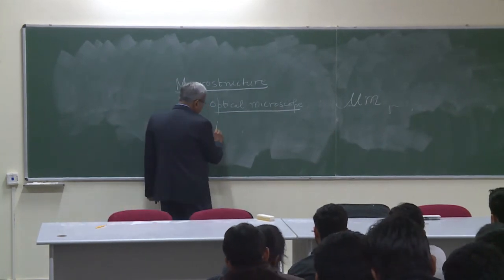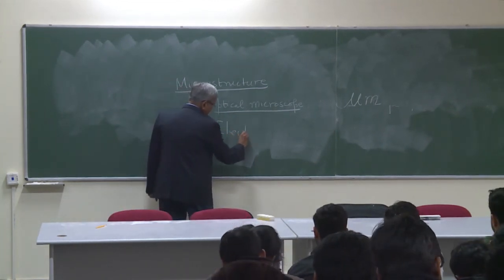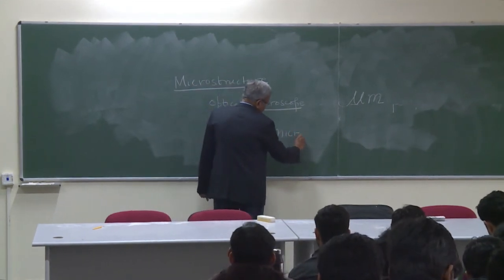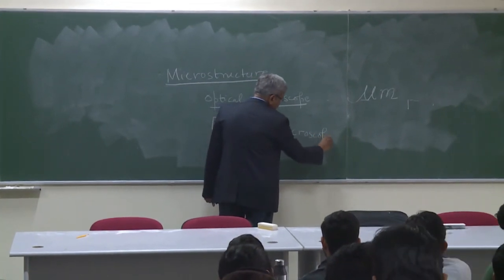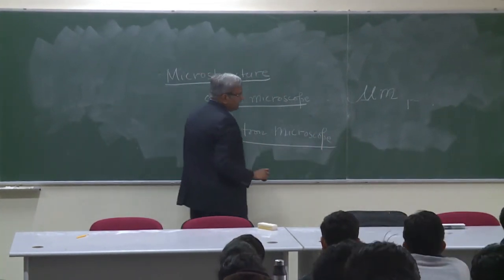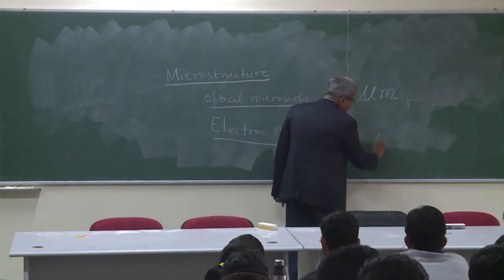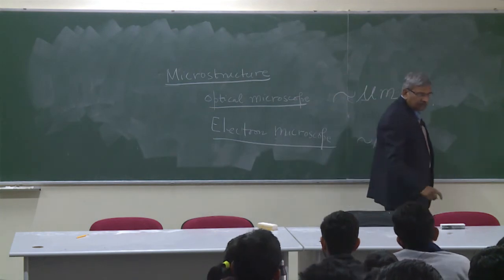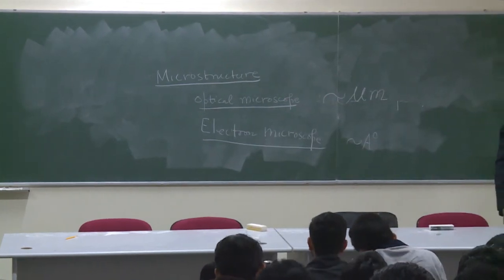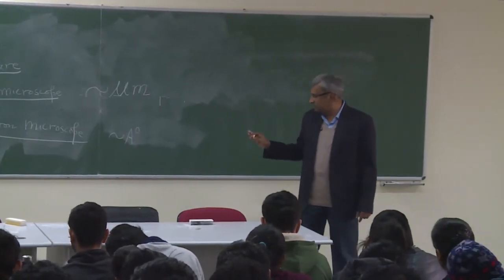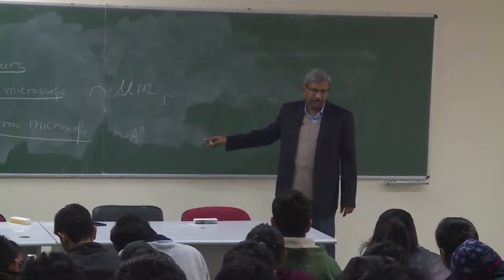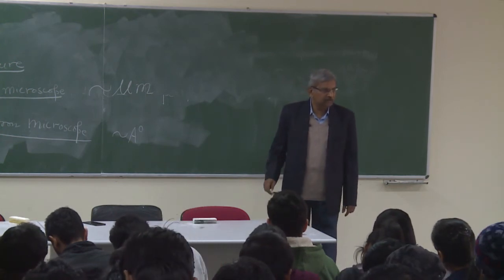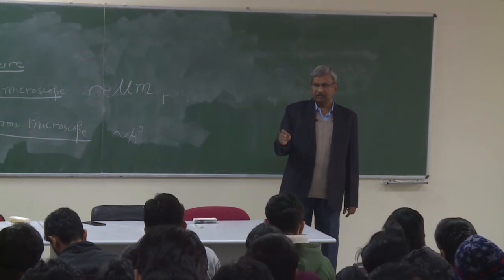Second, if it is electron microscope, then you should be able to resolve objects of the order of an angstrom. If I can resolve objects of the order of an angstrom, that means I will be able to see where the copper atoms are inside my specimen.